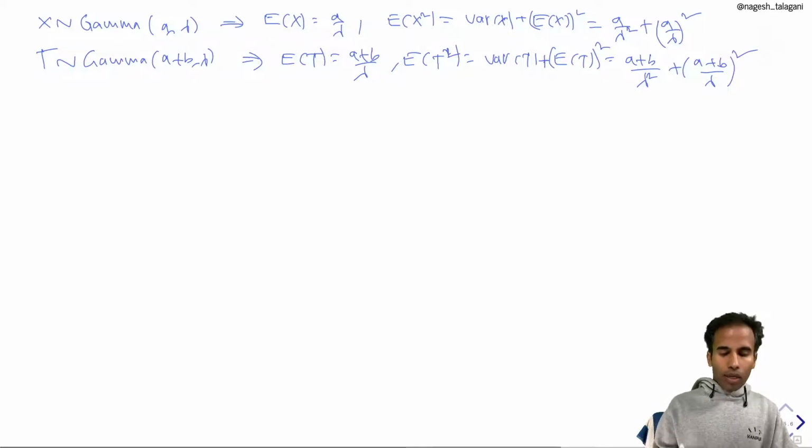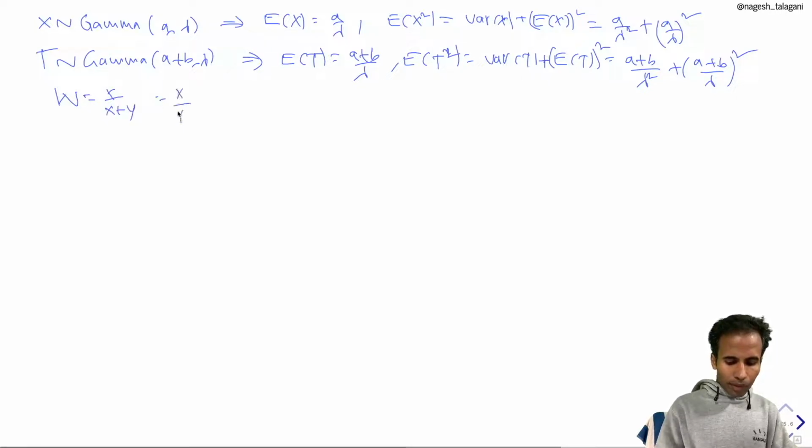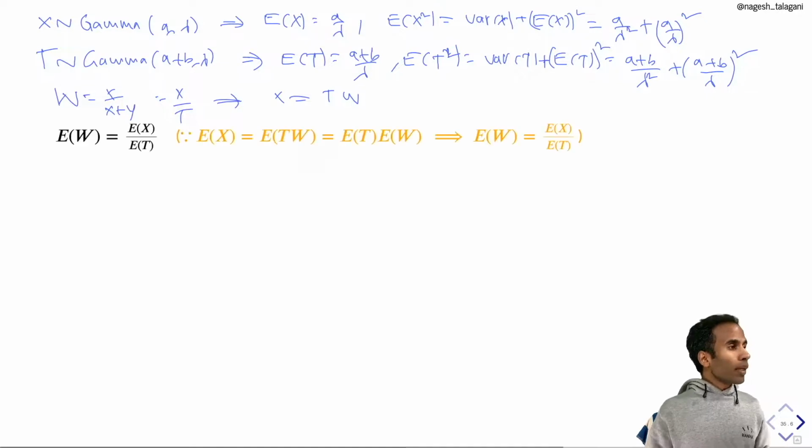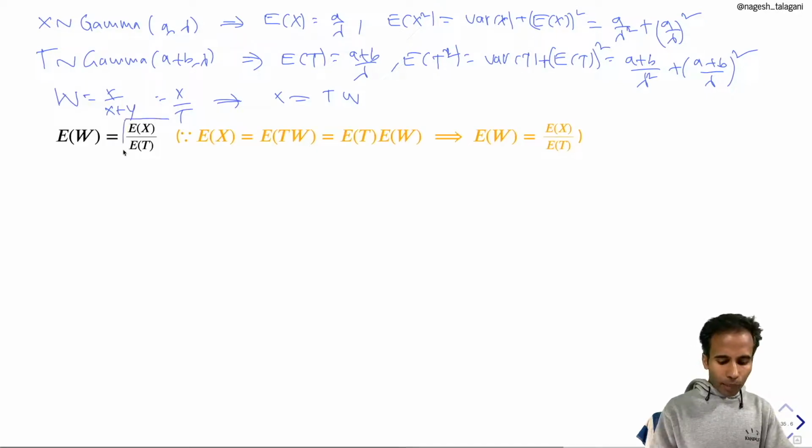Okay. Now here W is X by X plus Y, right? That means I can write X by T. So I can write X equal to TW. Now the expectation of W: I can write expectation of X by expectation of T, because X equal to TW, right?